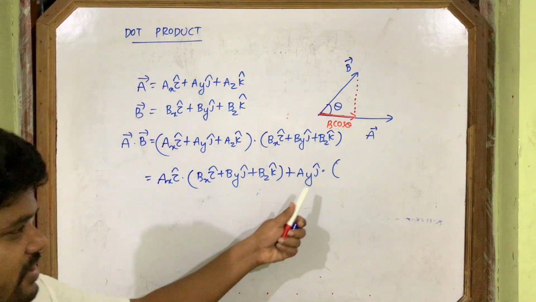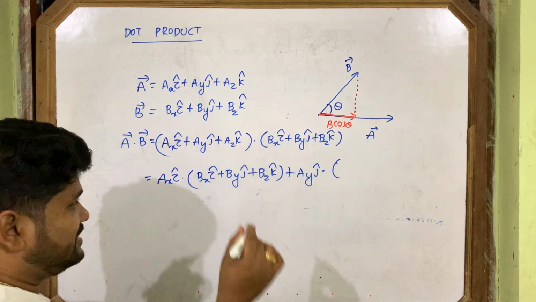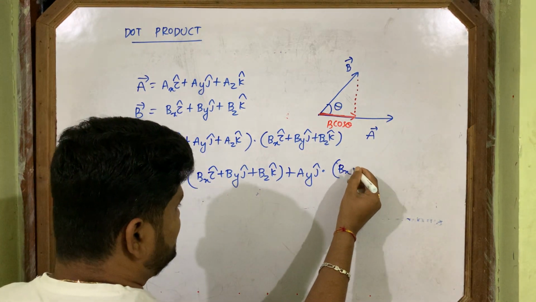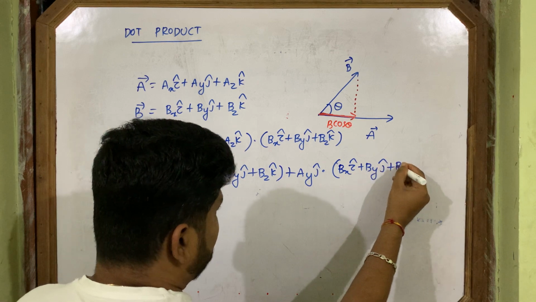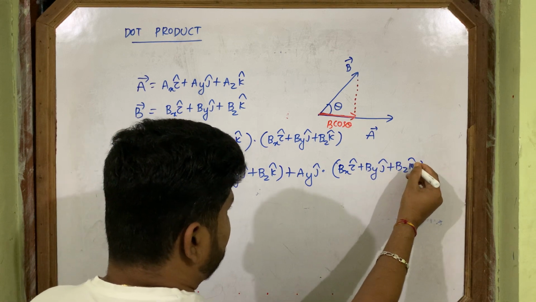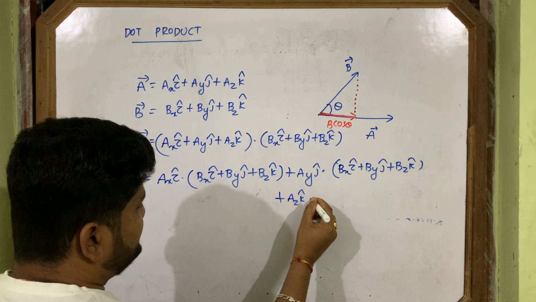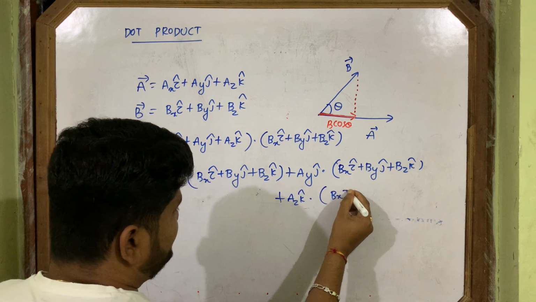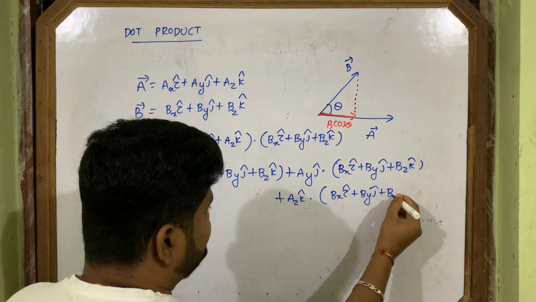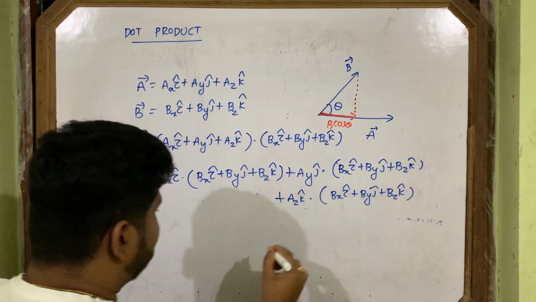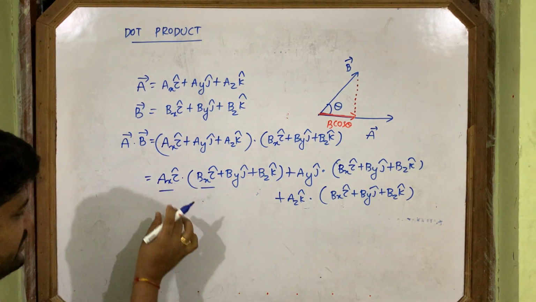Where the multiplication comes, you must put the dot sign. Don't leave it like this, because this is dot product. Then plus az k cap dot, again bx i cap, by j cap, bz k cap.